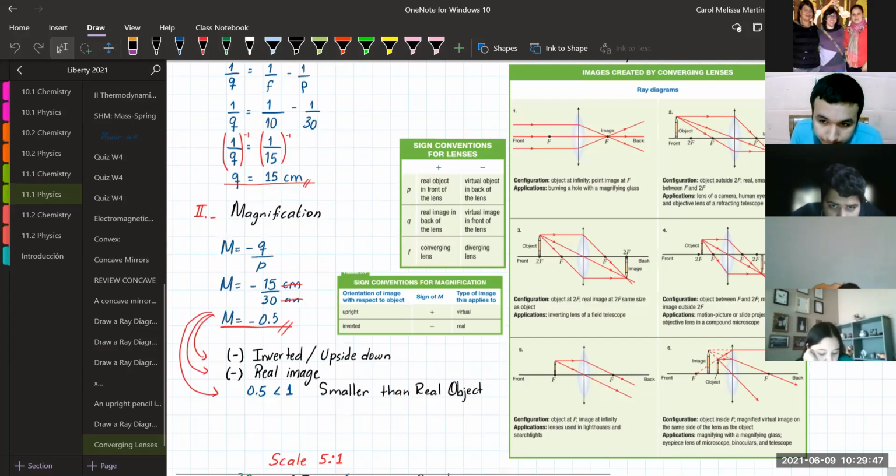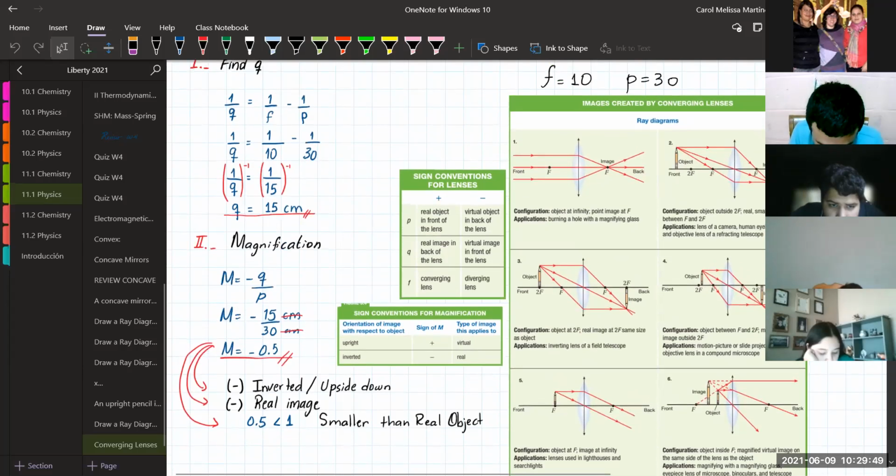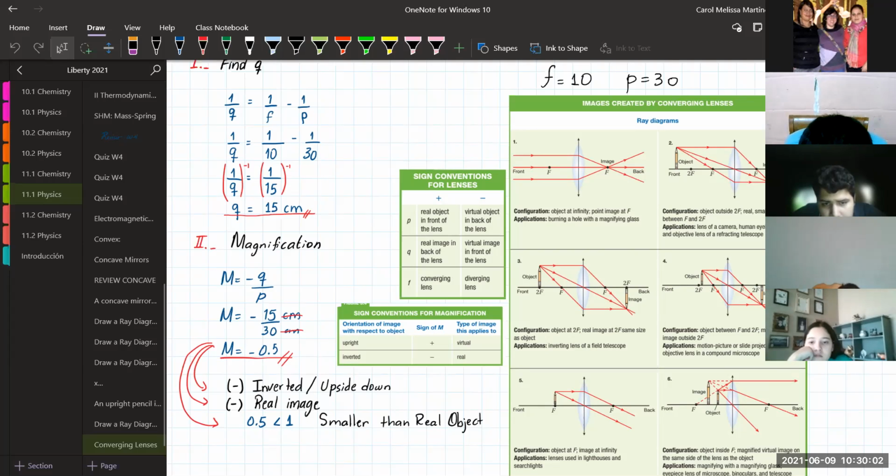So, to what configuration does it correspond? 1, 2, 3, 4, 5, or 6? What configuration are we going to use?